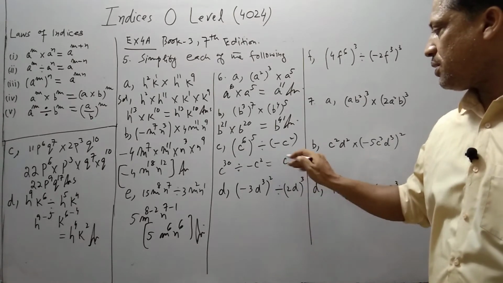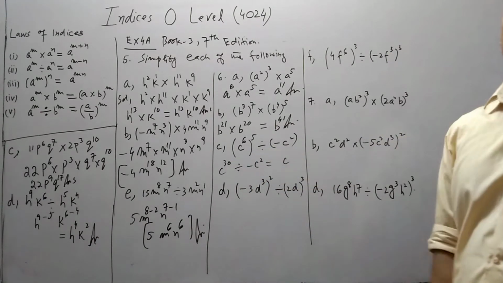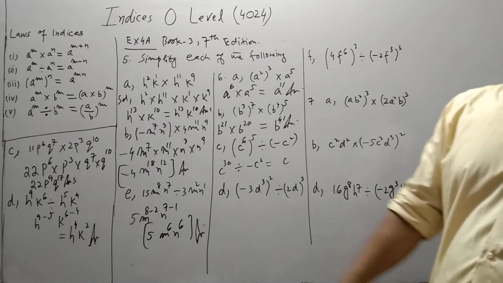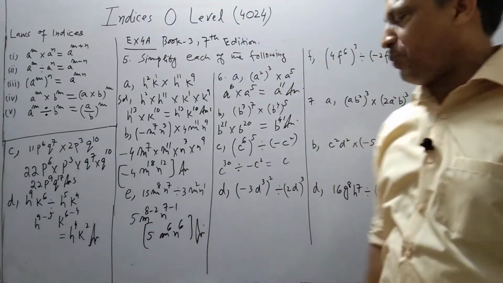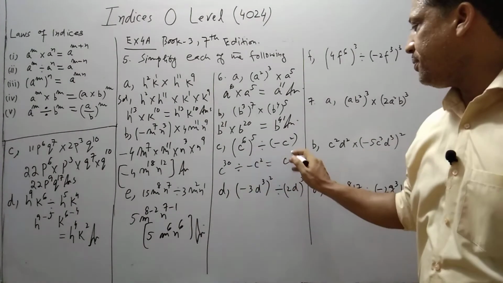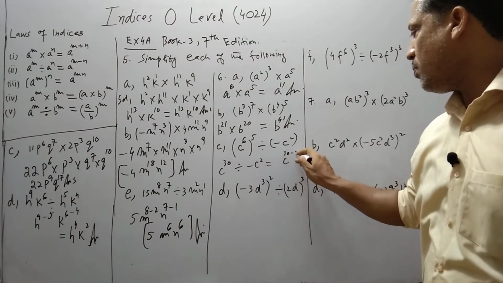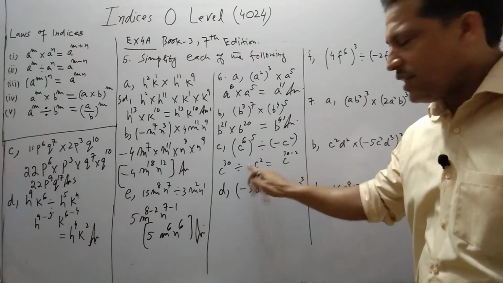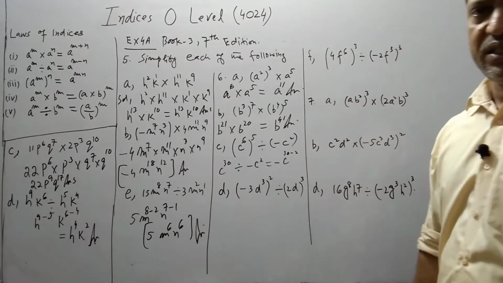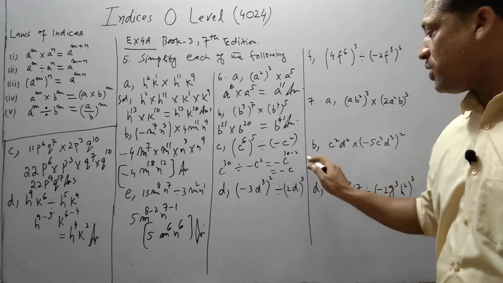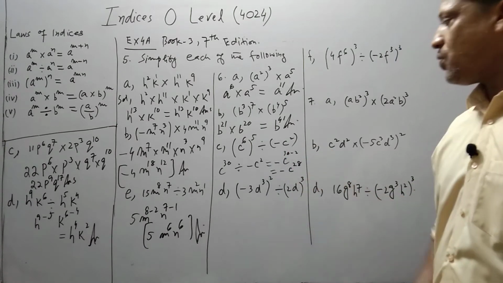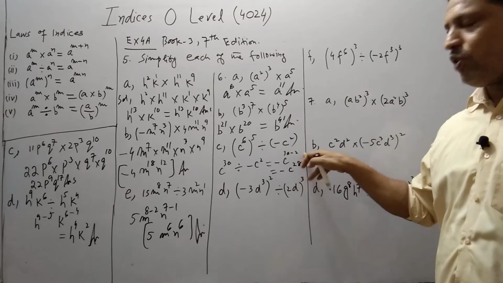This is 30 and this is 2. So we will apply the second law: if bases are the same, then powers should be subtracted. So 30 minus 2. What about this minus sign? It remains the same. So minus c, 30 minus 2 is 28. So the answer is minus c to the power 28.